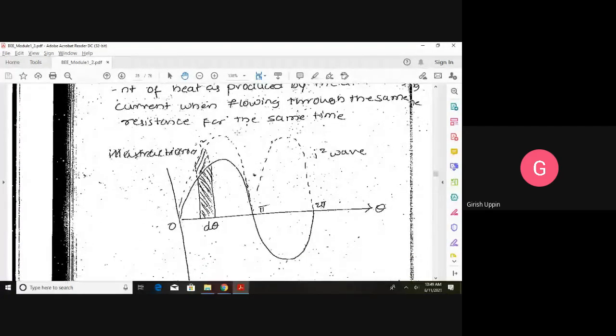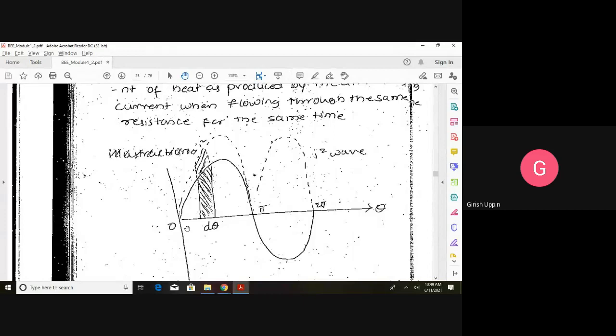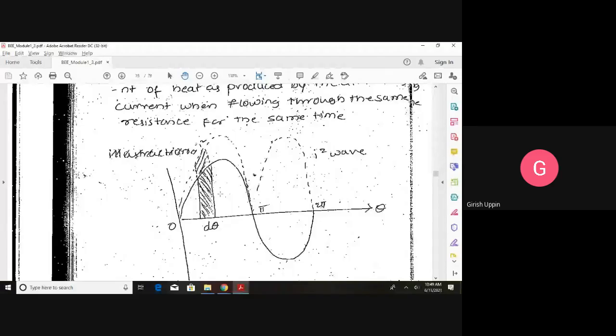In case of an RMS value, we take the squared waveform. So the normal waveform is the sinusoidal waveform, that is i is equal to Im sin theta. What we are going to take is the squared waveform, that is the RMS value of the quantity.